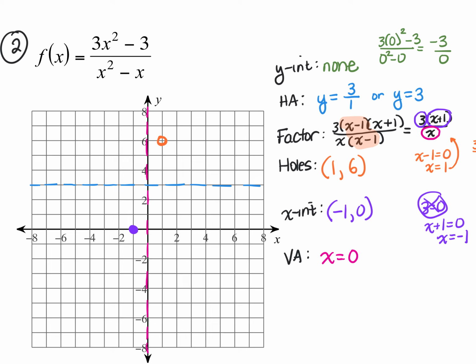Now, once again, I have a little bit of filling in the blanks to do here. So I'm going to use what I know, which is I have a point on either side of that vertical asymptote. That's going to help me determine what the graph looks like. So on the side where we have our x-intercept, I know that this graph is going to continue to follow along the vertical asymptote, and then it's going to stay really close to the horizontal asymptote as we go out towards negative infinity on the x-axis.